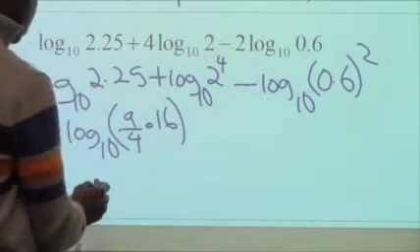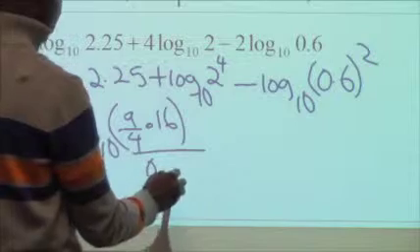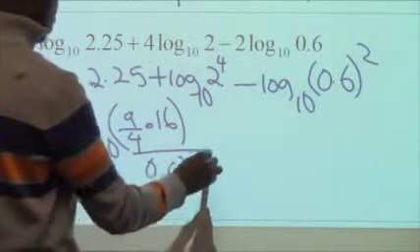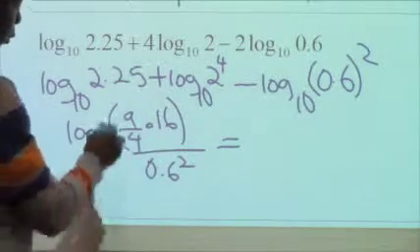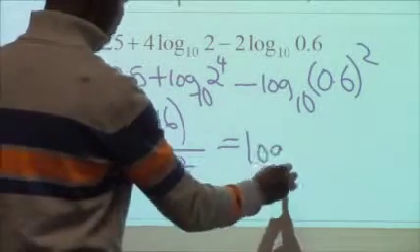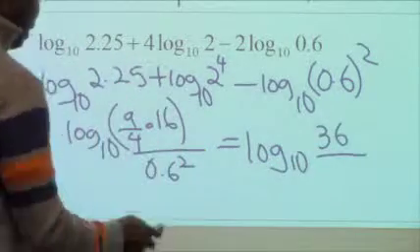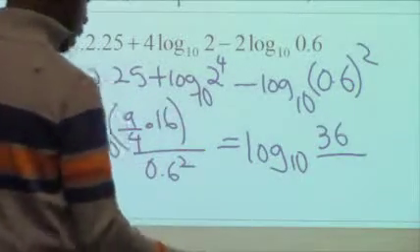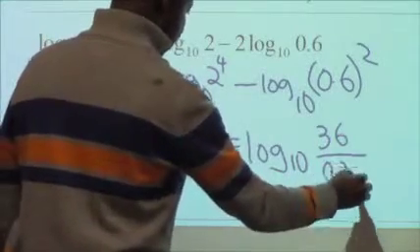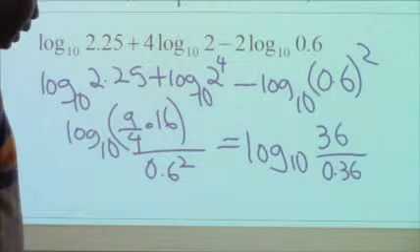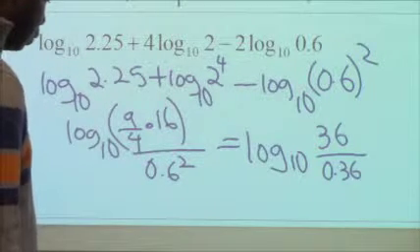And then we're going to be dividing this by 0.6 squared. So let's do the division here. 4 into 16 is 4. 4 times 9 is 36. What we have will be log base 10 of 36 divided by 0.6 squared, which is 0.36.